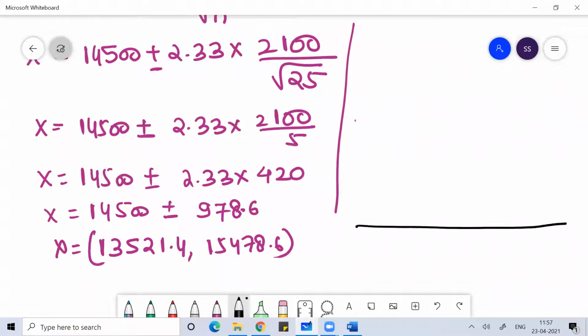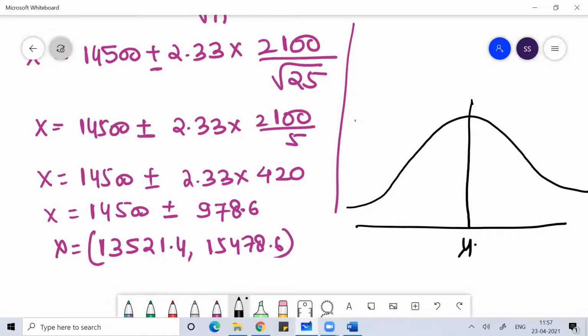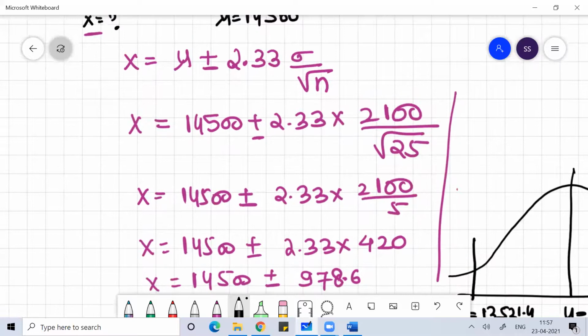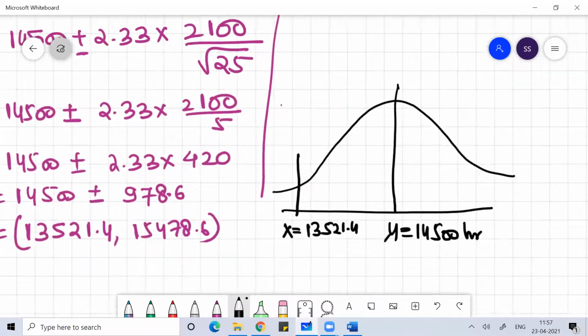If you look into your normal distribution curve, your mu was 14,500, and the maximum value you can accept is 13,521.4. So if your sample value lies between 14,500 and 13,521.4, you will accept the null hypothesis. Where is your sample value? What is the sample value? It is 13,000. I hope you're understanding.